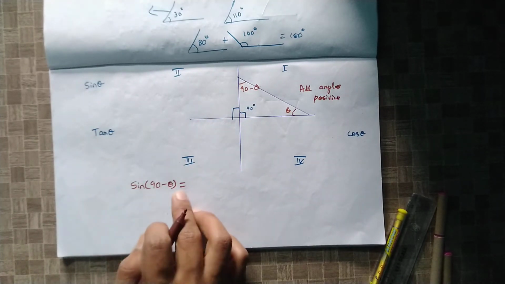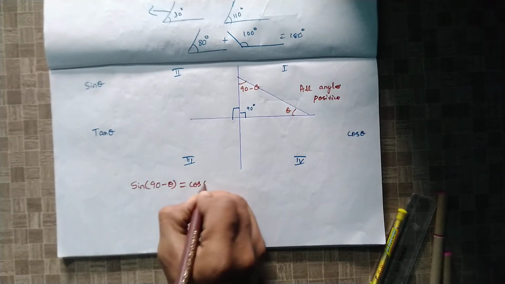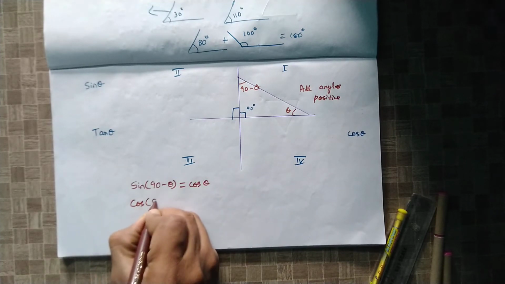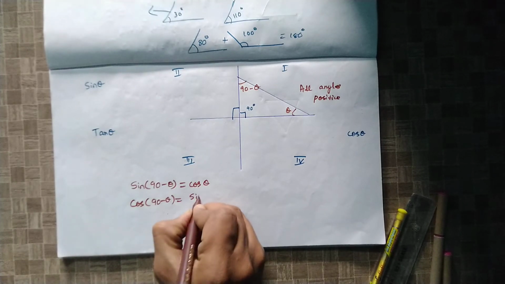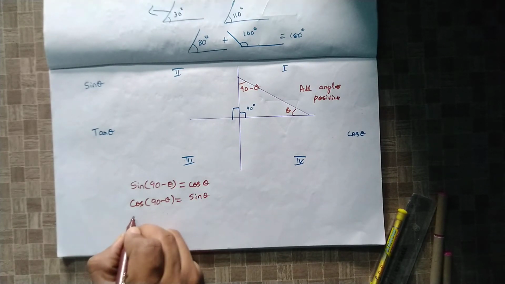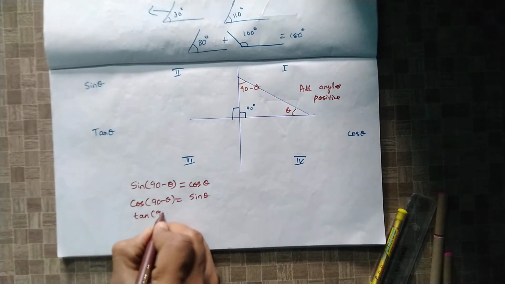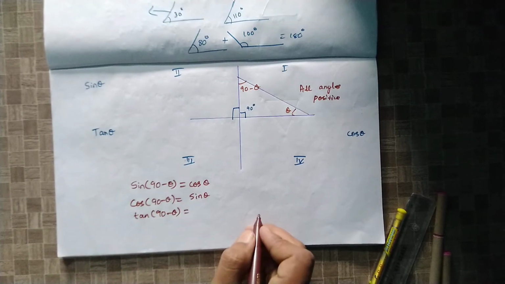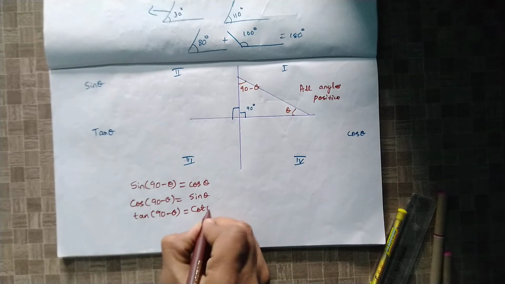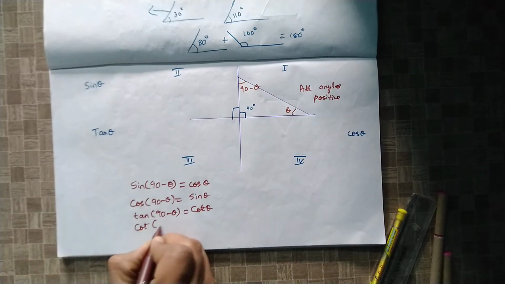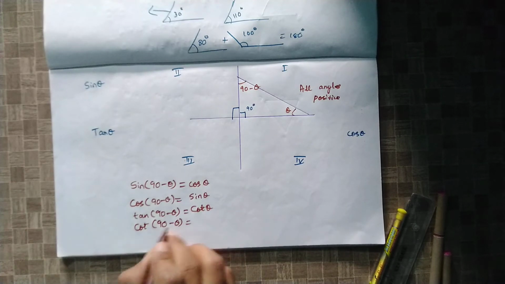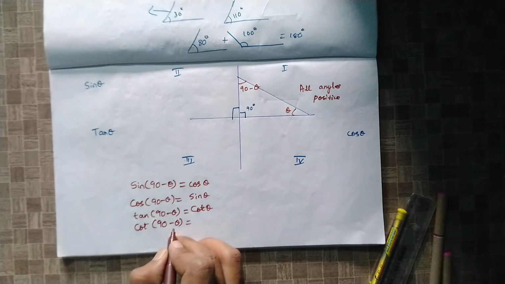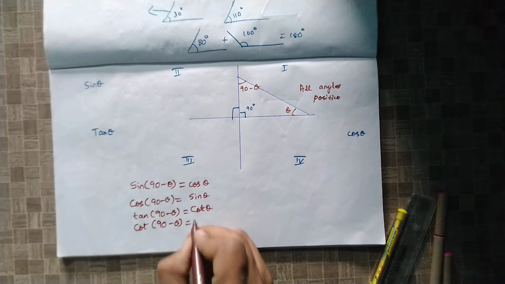Sine of 90 minus theta becomes cos theta, cos of 90 minus theta becomes sin theta, and tan of 90 minus theta becomes cot theta. Cot of 90 minus theta becomes tan theta.